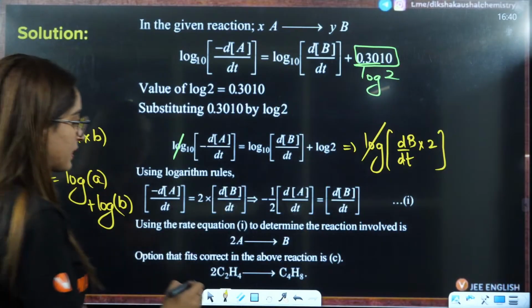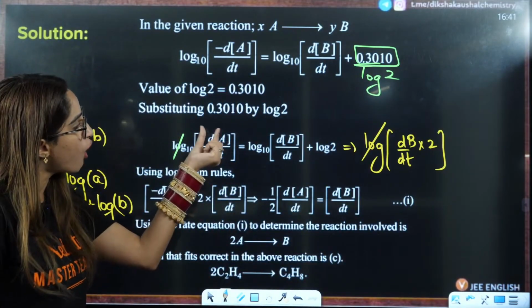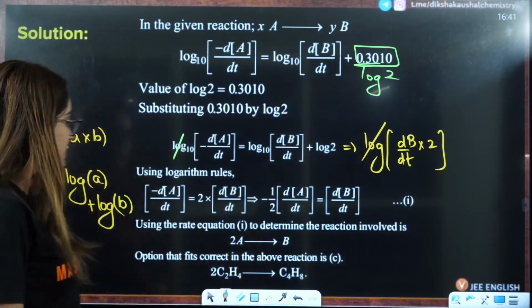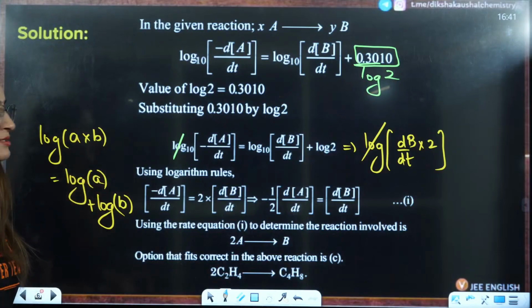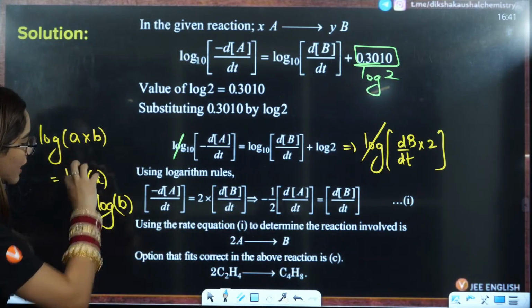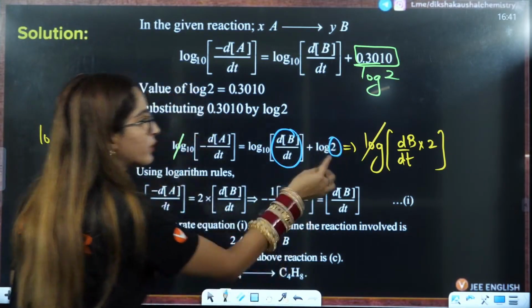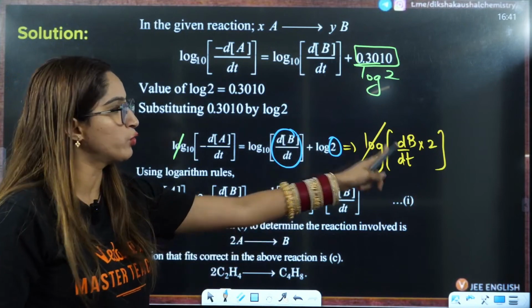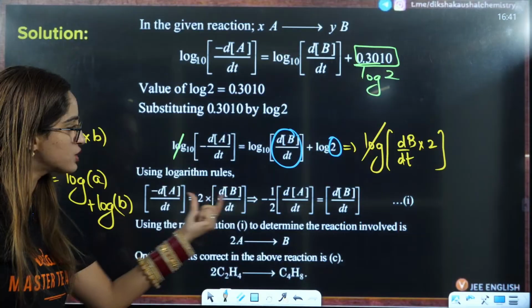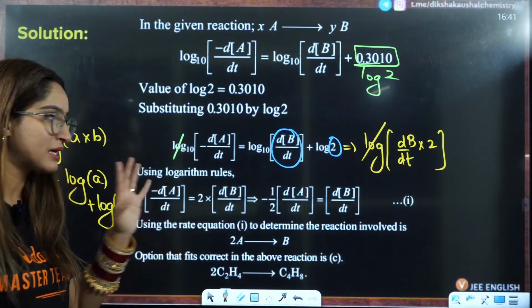What we did here: we had log of this plus log of this plus log of 2. Now I will reciprocate this. Log of A into B is log of A plus log of B, so log of A plus log of B is log of A into B. You can write it as log of A into B, and take the anti-log, this and this will cancel each other, and hence you will have minus dA by dt equals 2 into dB by dt, right?